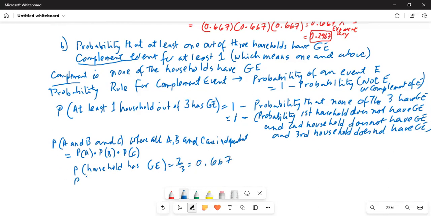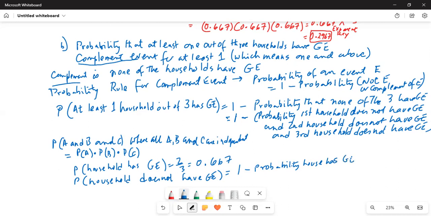So probability a household does not have GE is the probability of the complement event, which is 1 minus the probability household has GE, which is equal to 1 minus 0.667, which is 0.333.